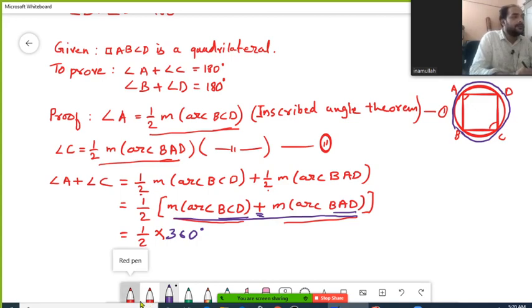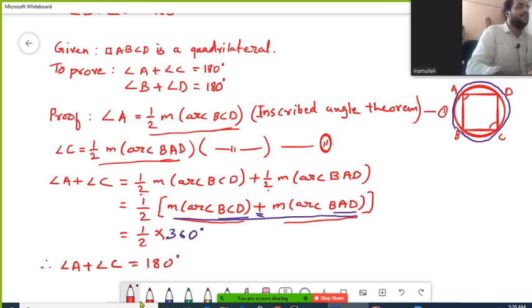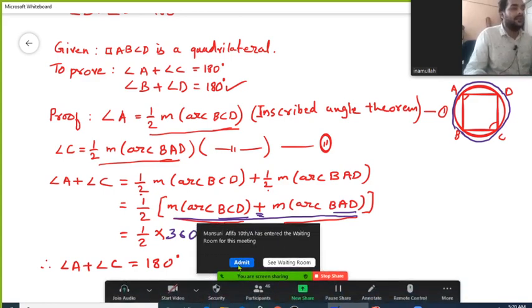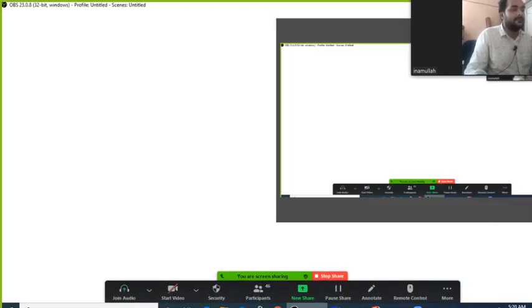So this way it is proved: angle A plus angle C is 180 degrees. The same procedure we can follow to prove that angle B plus angle D is 180 degrees. And this is the proof of this theorem, the cyclic quadrilateral theorem.